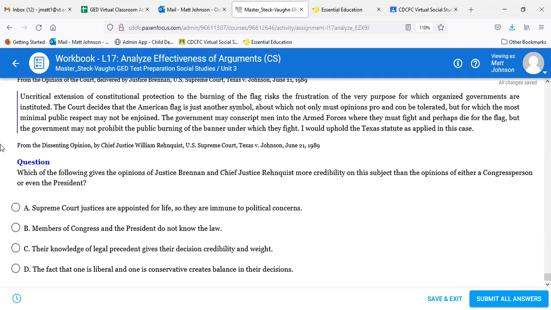B, members of Congress and the president do not know the law. C, their knowledge of legal precedents gives their decisions credibility and weight. D, the fact that one is liberal and one is conservative creates balance in their decisions.